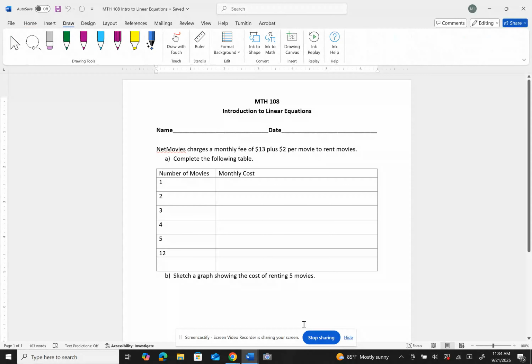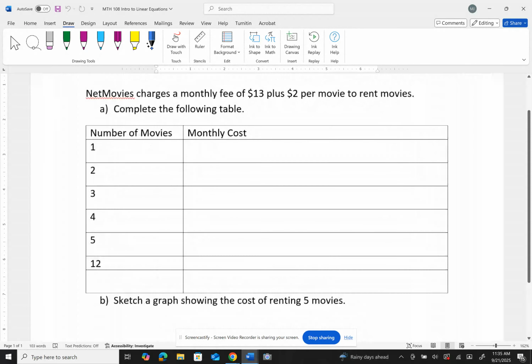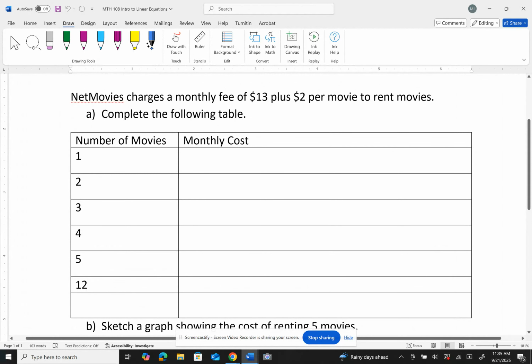All right, in this video, we're getting started on working with linear equations. And so here's just an application I wanted you to think about. Here we have this company, Net Movies, that charges a monthly fee of $13 plus $2 per movie to rent movies from them.